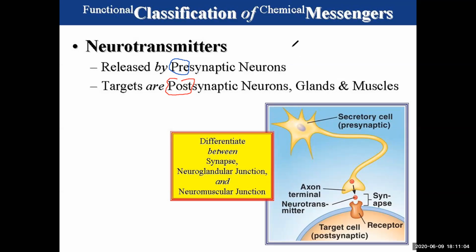So this is a simplified version of a neuron. So you have two neurons. And there's a microscopic space here. And so there's no contact between the two neurons. So this microscopic space is called a synapse.